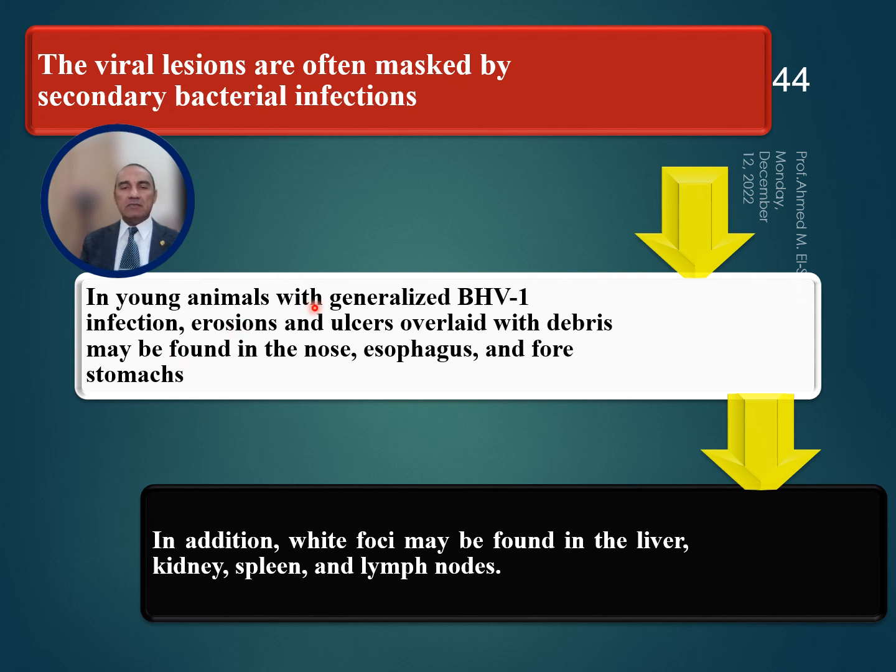In young animals with generalized bovine herpesvirus 1 infection, erosions and ulcers overlaid with debris may be found in the nose, esophagus, and forestomach. In addition, white foci may be found in the liver, kidney, spleen, and lymph nodes with ecchymotic lesions.